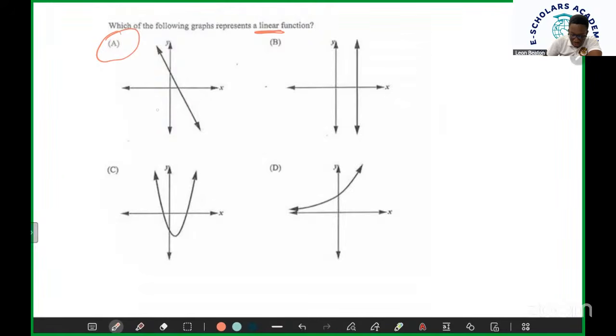You draw a line straight up, and if it passes through just one point, that means the graph is a function. If you draw up here, it just passes through one point. All of those are functions. But here, if you draw up, it passes through an infinite amount. So this is not a function. But they want a linear one. Linear means it's a straight line. So that's how we go with A as the answer.